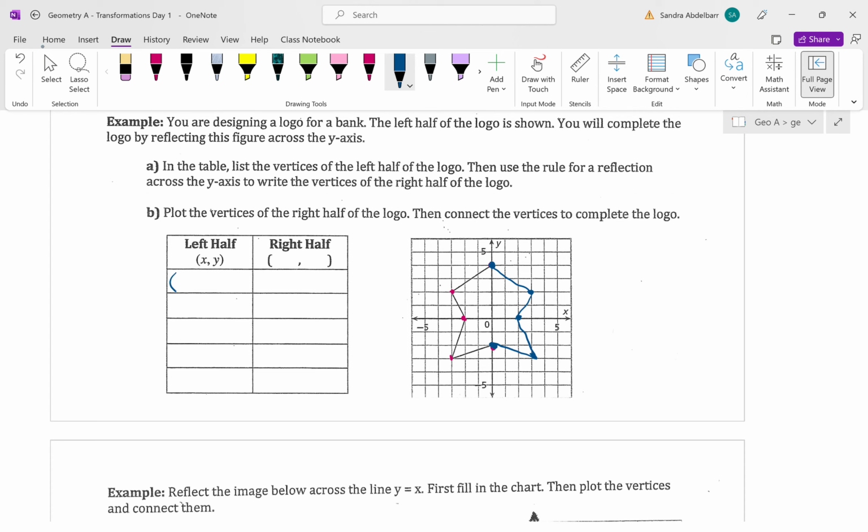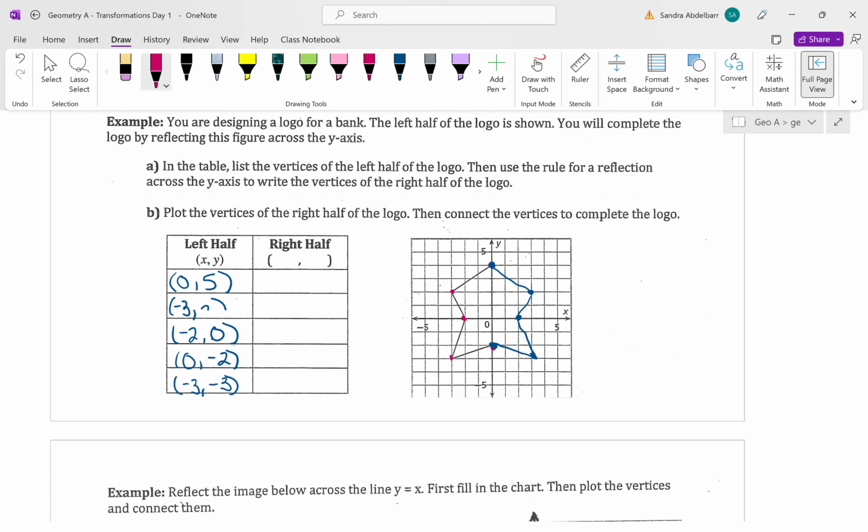All right, so now we have to write out all the coordinates. So we have 0, 5, and then negative 3, 2, and then negative 2, 0, and then 0, negative 2, and lastly negative 3, negative 3.